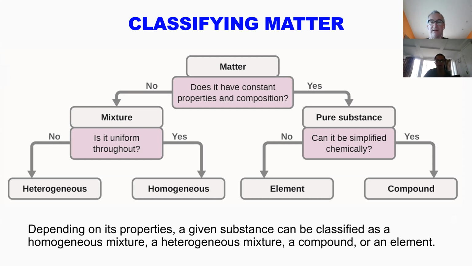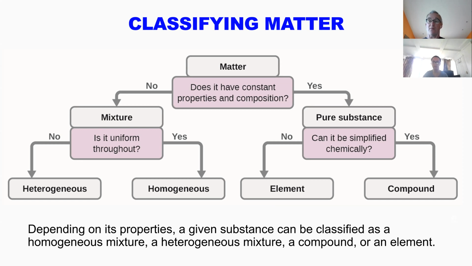If no, if the composition isn't constant all the way through, like a solution, which has a solute, what we call whatever's dissolved in the solvent. So water would be a solvent, sugar or salt would be a solute. That's not constant. There are different parts of the composition. So we'd say no, it's not a pure substance.